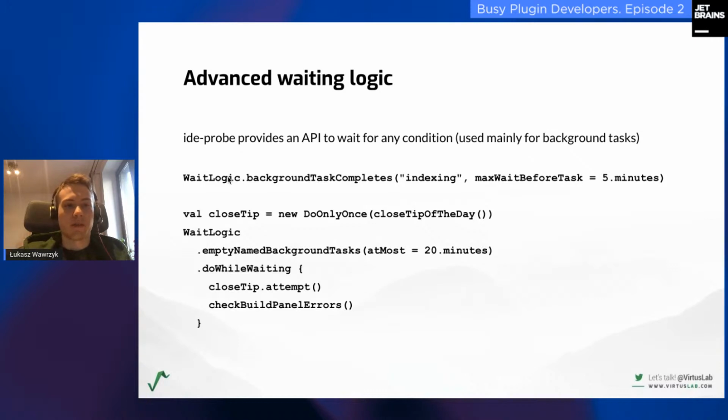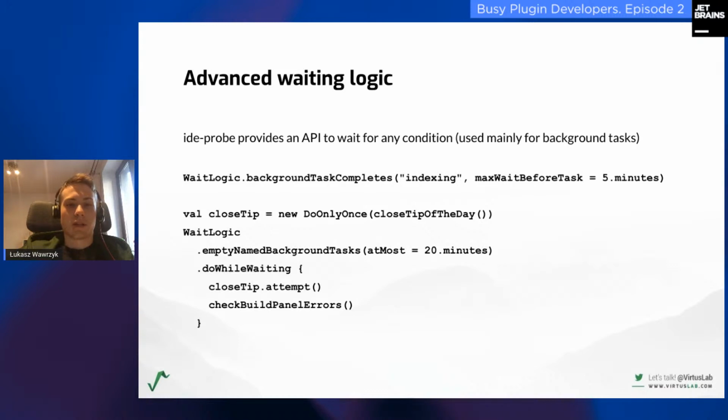So I have on this slide 2 examples. The first one is the simpler one. It waits for a background task to complete, and the substring that it's looking for in the task is indexing. So it waits till a task with indexing in its name appears, and when it appears, it waits till it completes.